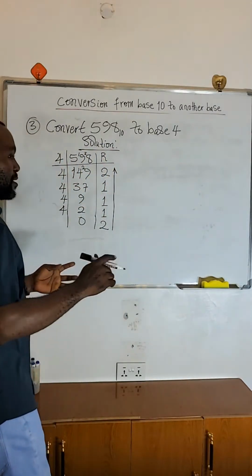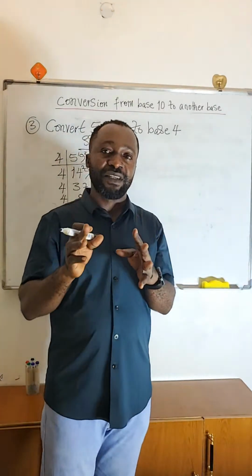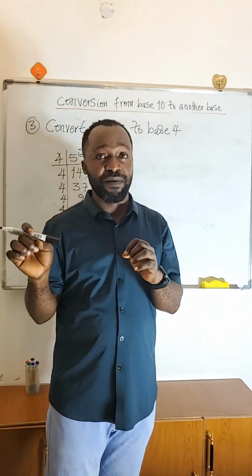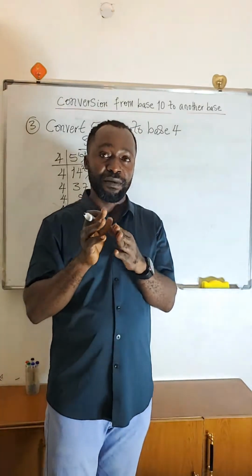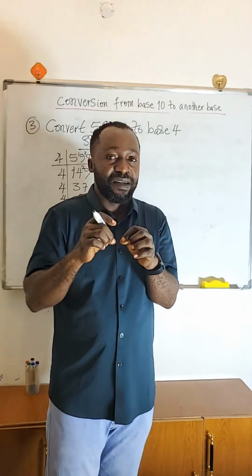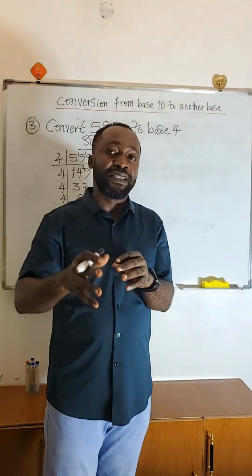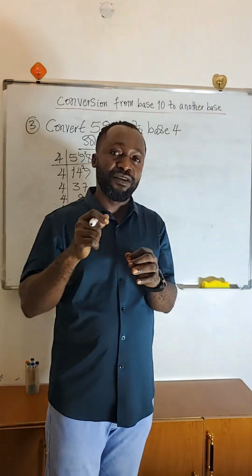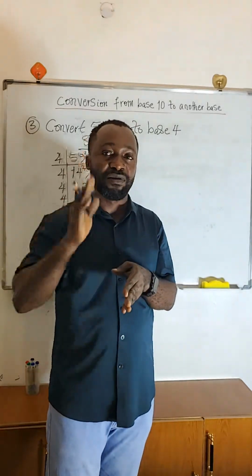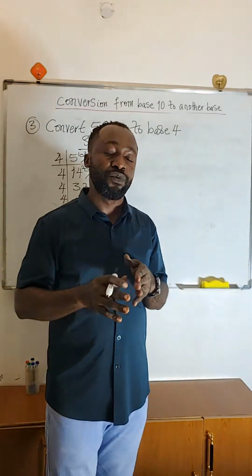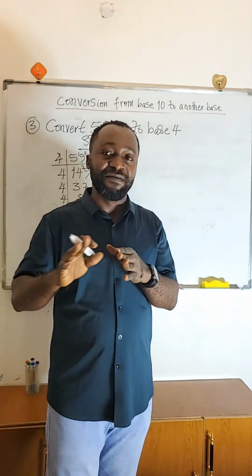Remember we told you, to convert a number from base 10 to another base, number 1, divide the number that you are asked to convert repeatedly by the new base until the dividend is 0. Number 2, write your remainder after each division.